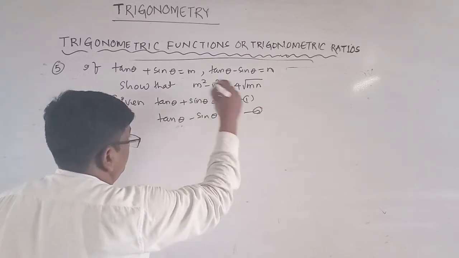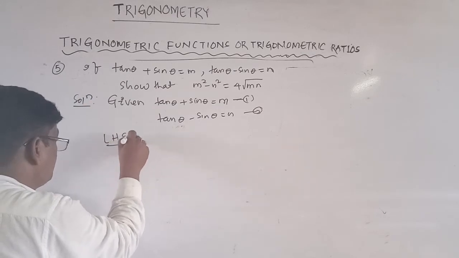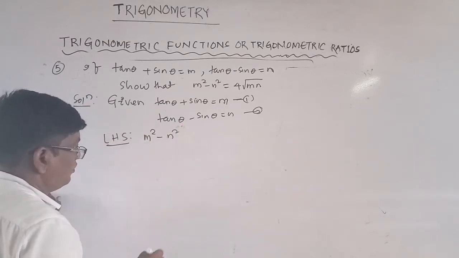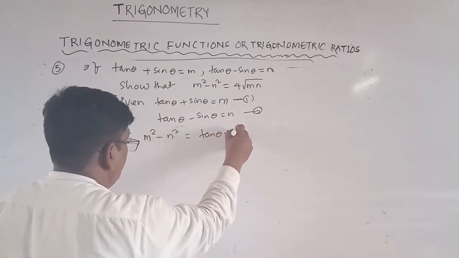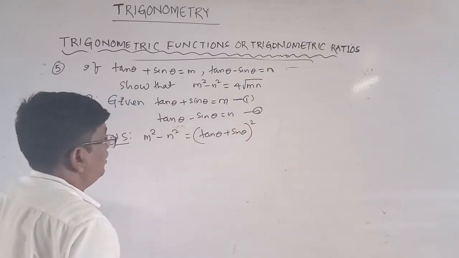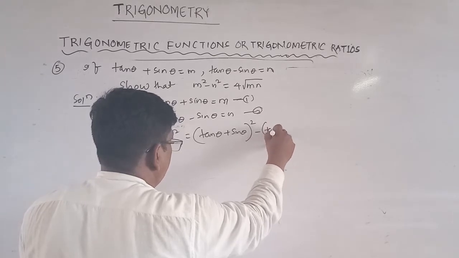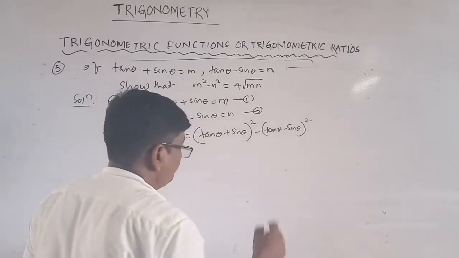This is equation 2. Now left hand side, m square minus n square. So this is equal to tan theta plus sin theta whole square minus tan theta minus sin theta whole square.